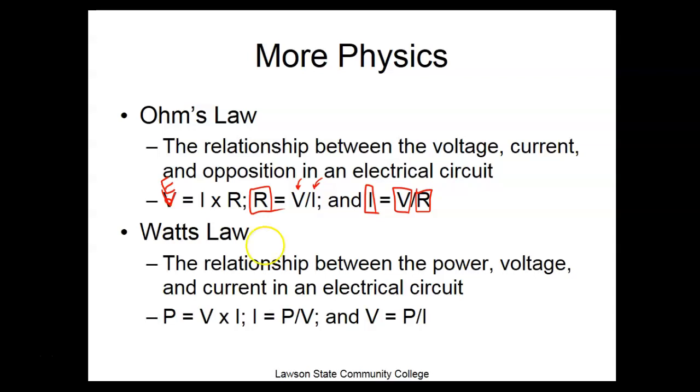Watt's law. So what we do is our power we rate in a unit called watts, or volt amperes, which we won't talk about in this class. So AC, we'll learn about another unit called volt amperes, but we're not going to talk about this in this class. So watts.